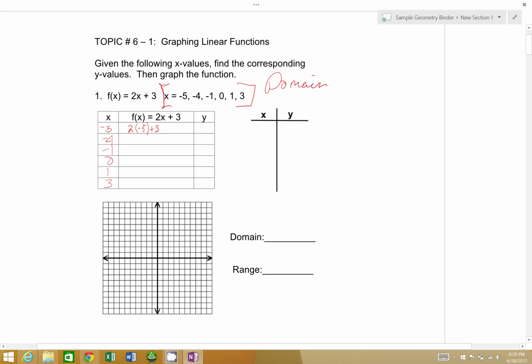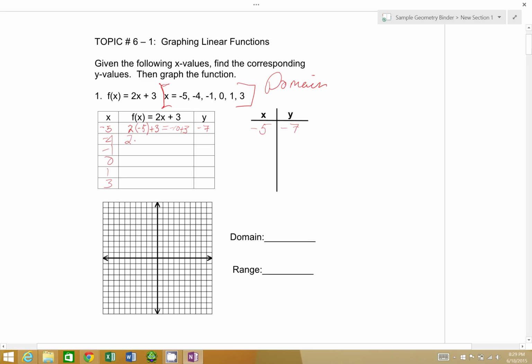When I solve that out, that gives me -10 plus 3, which gives me -7. So my first set of coordinates is at -5, -7.